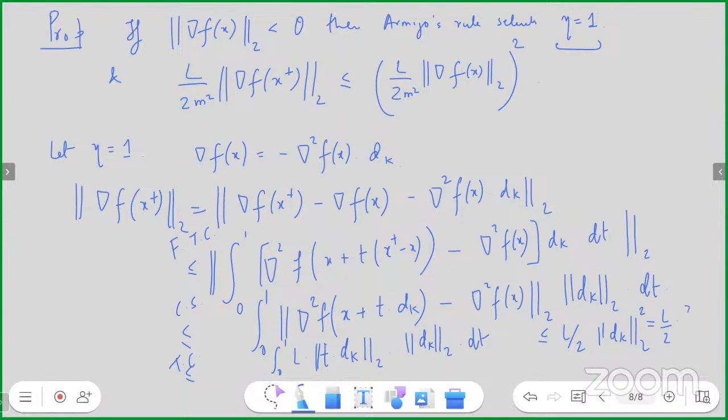Sorry. This is del square f of x inverse del f x. Square? What is this quantity after the square?